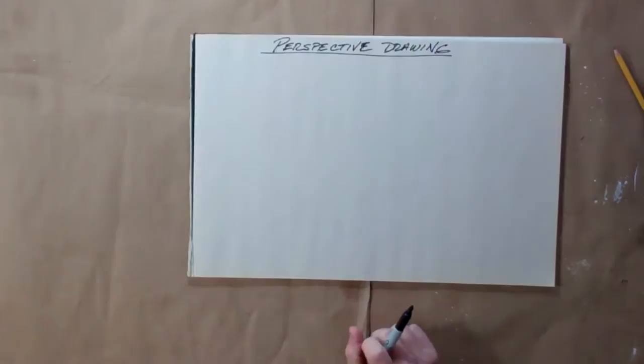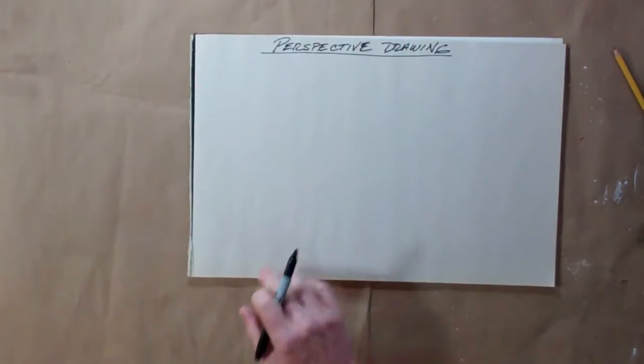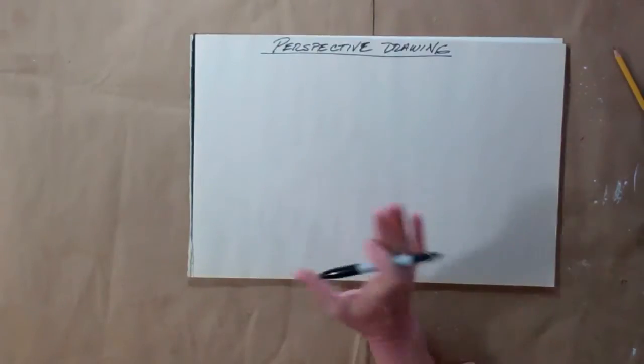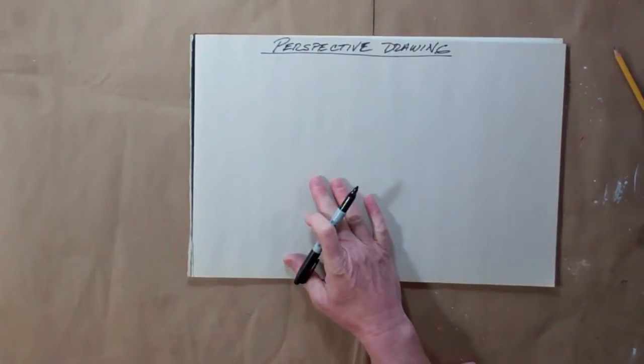So what I'm going to be teaching here to begin with is how you approach drawings that you want to do. How do you start? What are the steps? And so once you have that, you can expand and learn all the techniques.